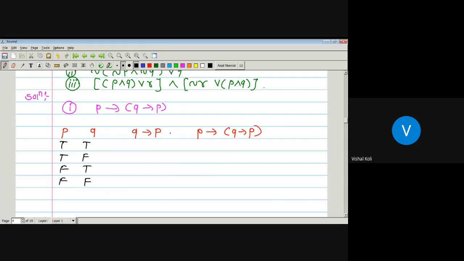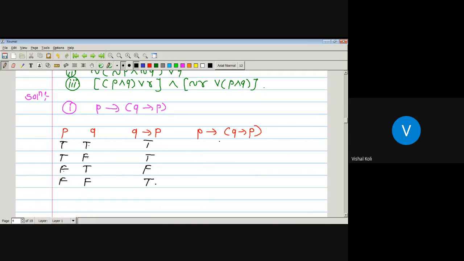Then only it is false, otherwise it is true. Then check whether there is any possibility of Q true and P false. Here Q true, P true, then it is true. Here Q is false, then it must be true only. Here Q true and P false, therefore it is false. And here, as both are false, then it must be true.